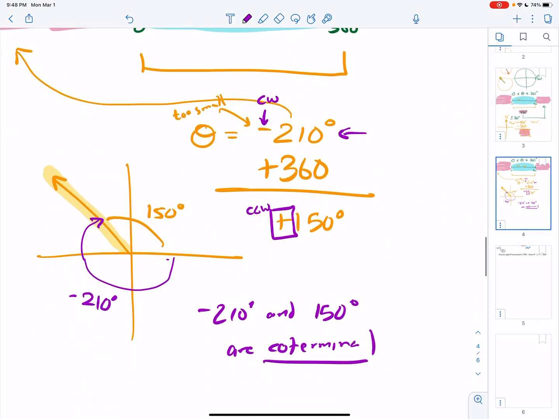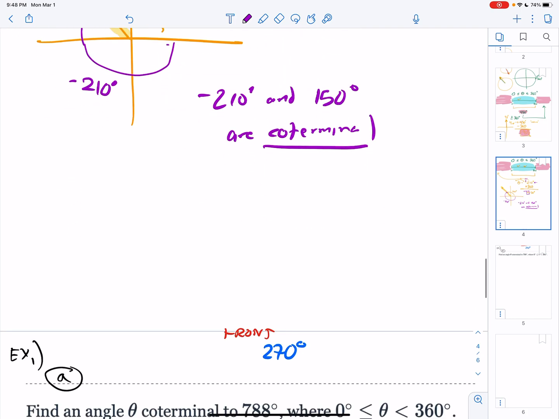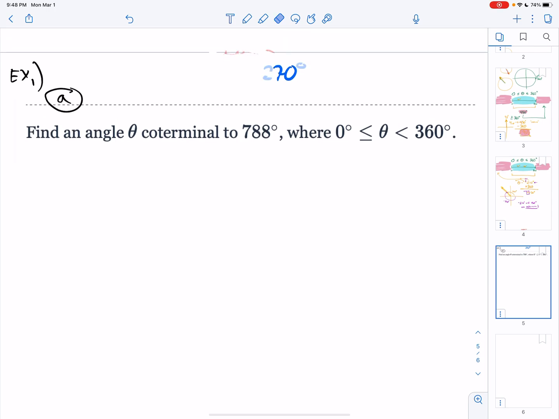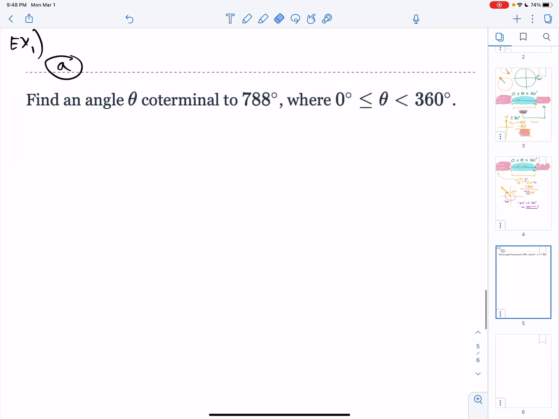So here we go. Here's example 1. Find an angle theta coterminal to 788, where theta is somewhere in between 0 and 360.